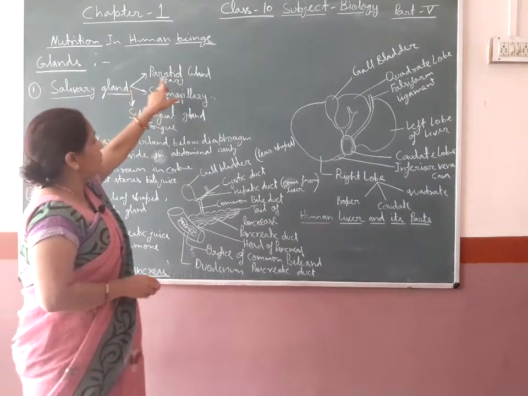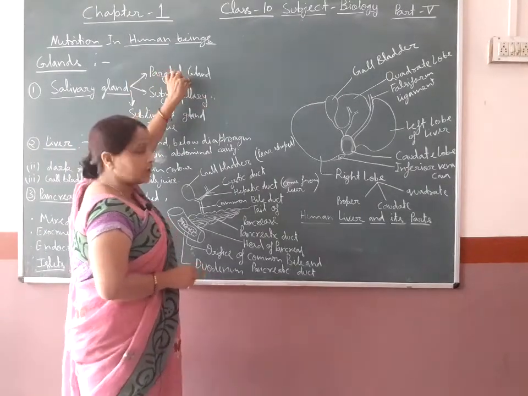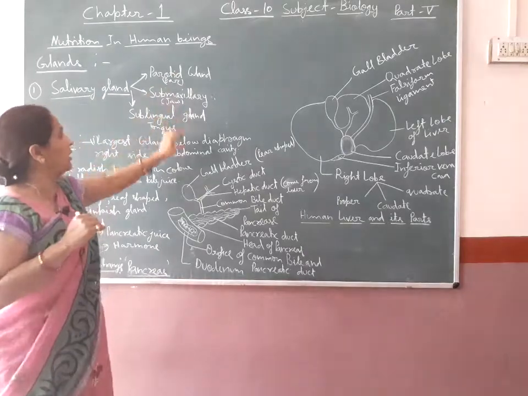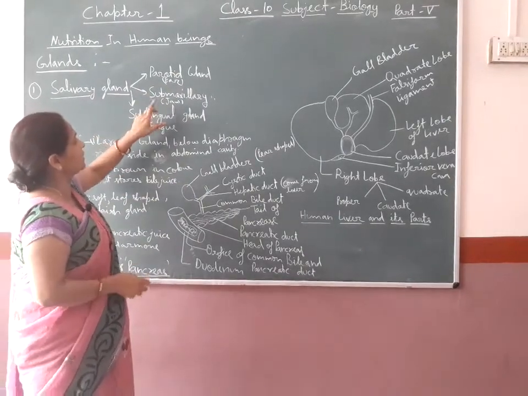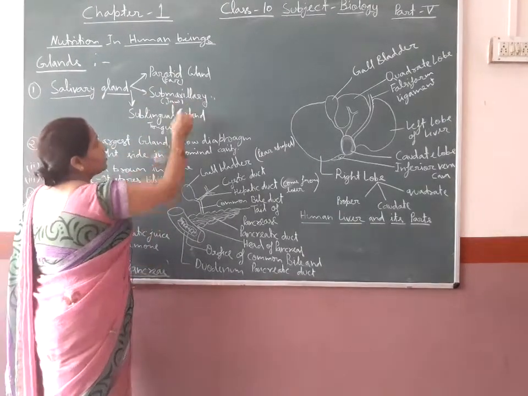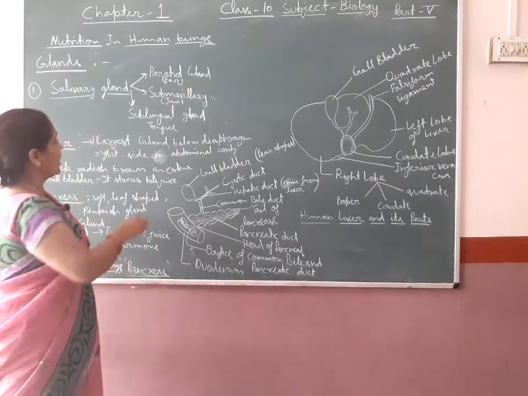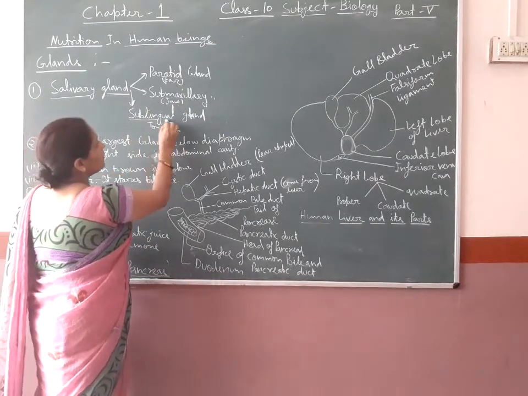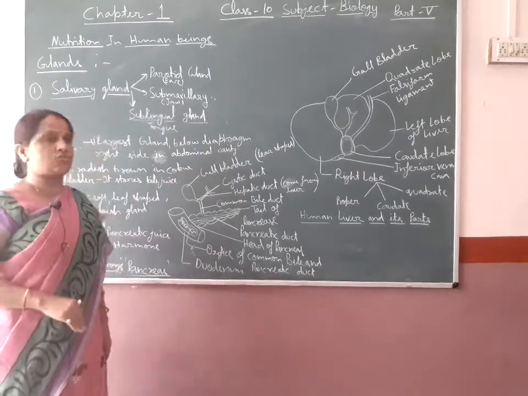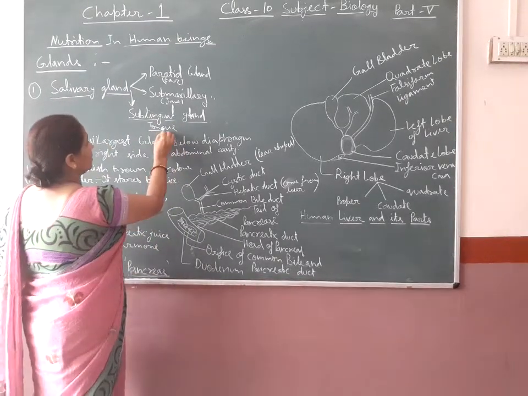First is the parotid gland. It is situated beneath the ear. Second is the submaxillary gland, which is situated under the lower jaws, and third is the sublingual gland, which is situated beneath the tongue.